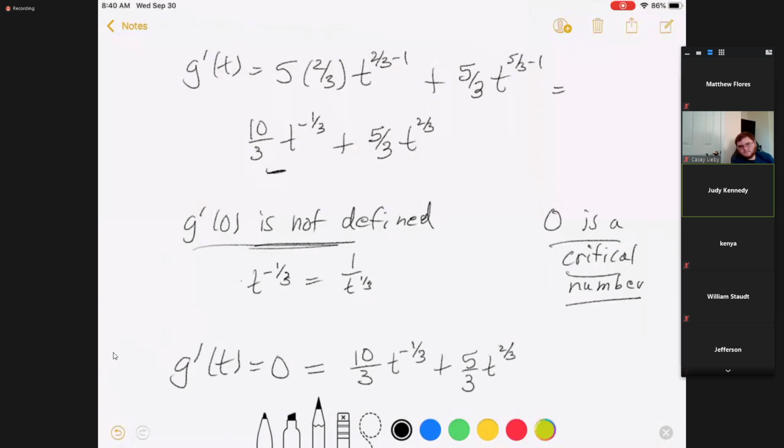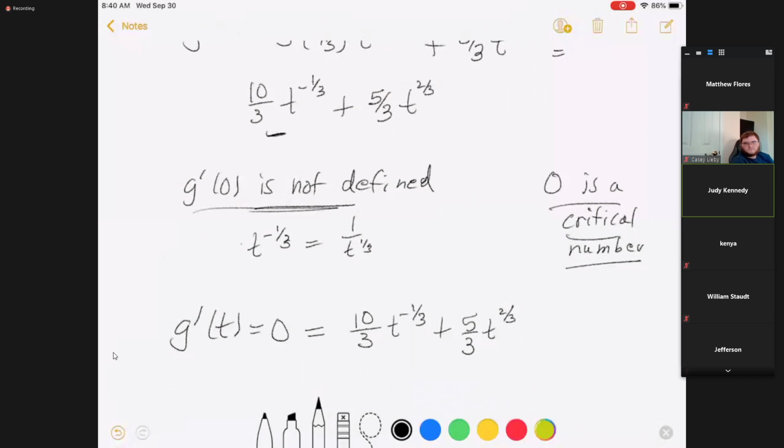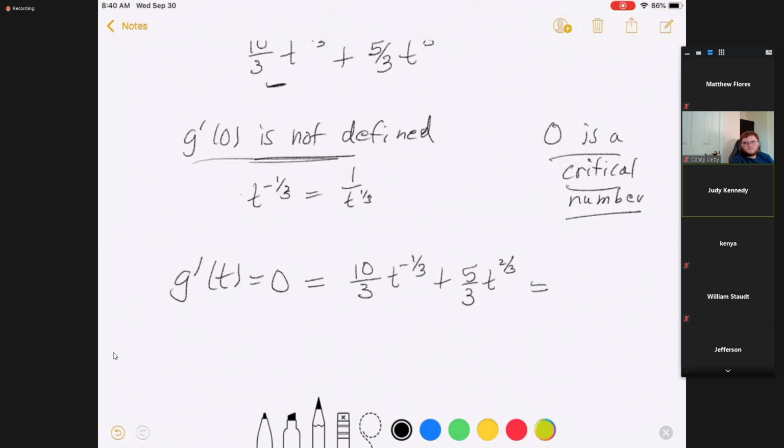How am I going to figure that out? Well, I'm going to factor out, or you could think about it as finding a common denominator.